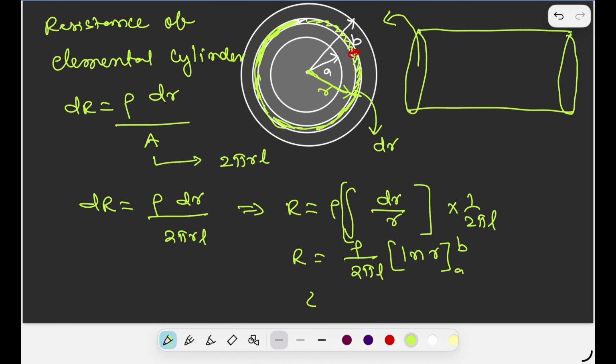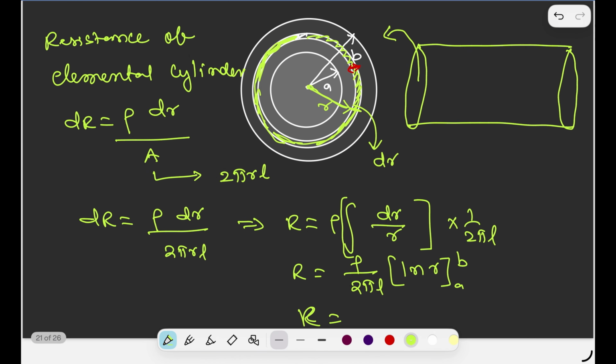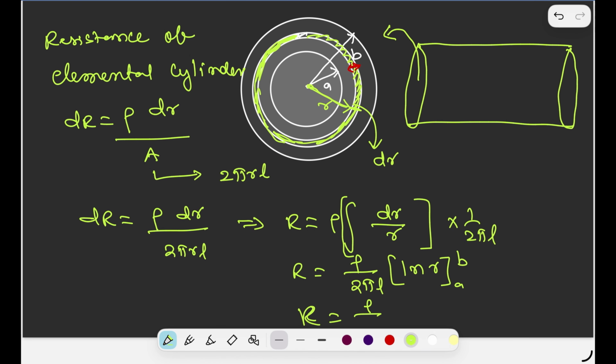So R is equal to rho by 2 pi L ln b by a. This is the answer.